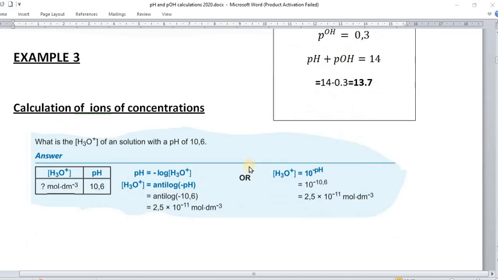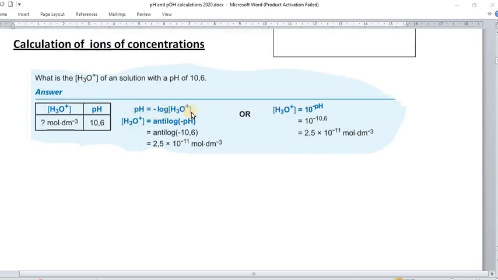Now, the next one, you are looking at a situation where the pH has been given to you, and you want the hydronium ion. It could also be the hydroxide ion. So, establishing your formula, in this case, you want the concentration, and therefore it becomes an antilog of the pH.